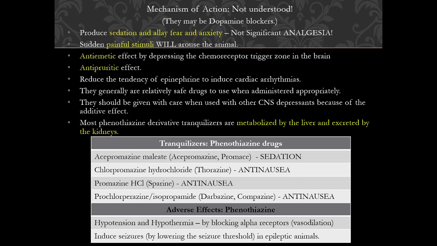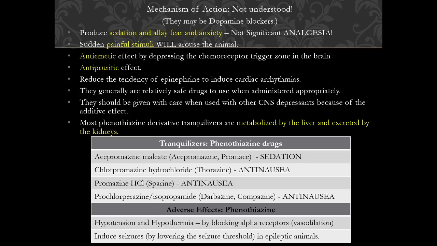Chlorpromazine or Thorazine is anti-nausea, but it can cause sedation. Promazine is anti-nausea, but it can cause sedation. And prochlorperazine or isopropamide are both anti-nausea, but also cause sedation. So acepromazine is the one that we use for sedation primarily. The other ones we use for anti-nausea, but can be used for a little bit of sedation as well.